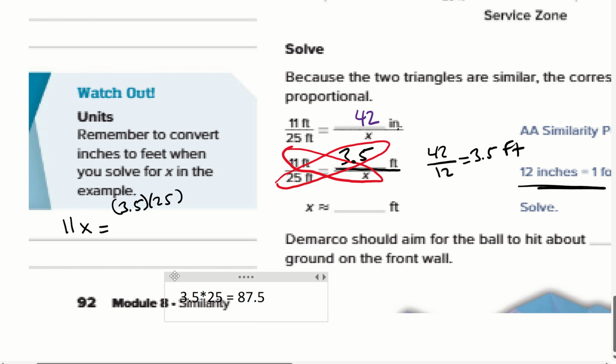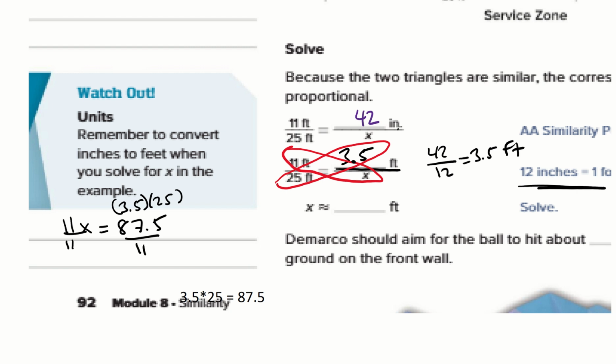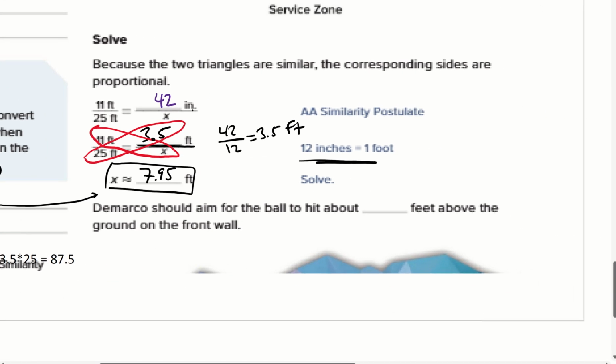So we get 87.5. Okay, so we got 87.5, and then divide by 11 on both sides to get X is equal to 7.95 feet. Okay, so DeMarco should aim for the ball to hit about 7.95 feet, or about 8, so it rounds to 8, so about 8 feet above the ground on the front wall.